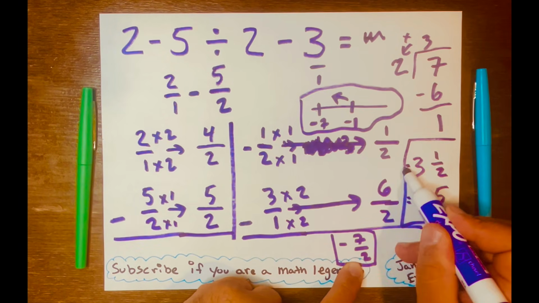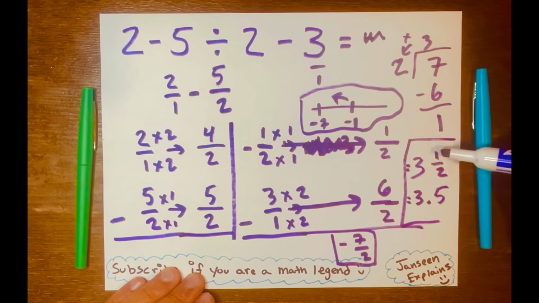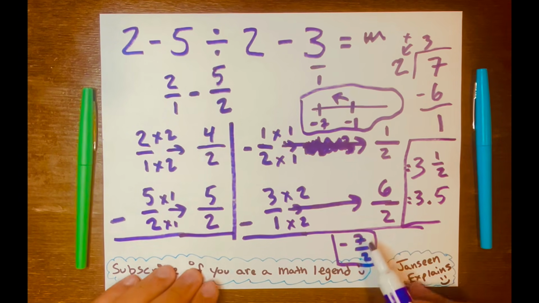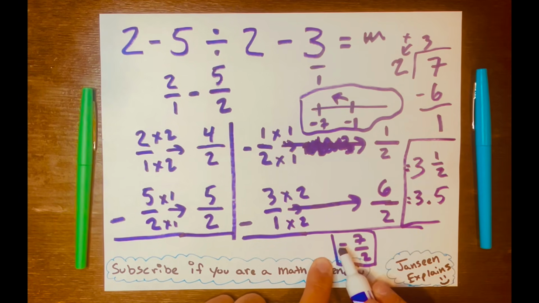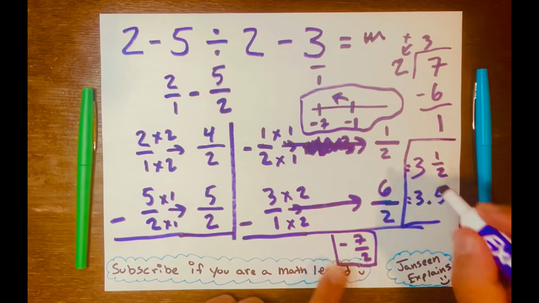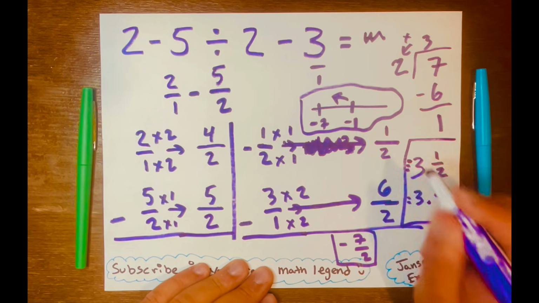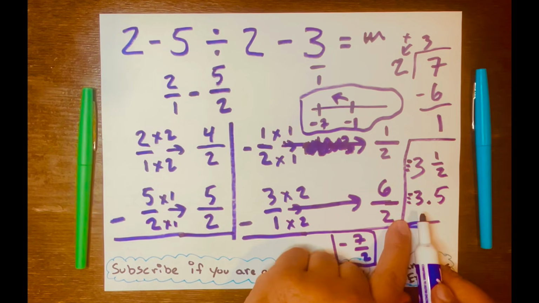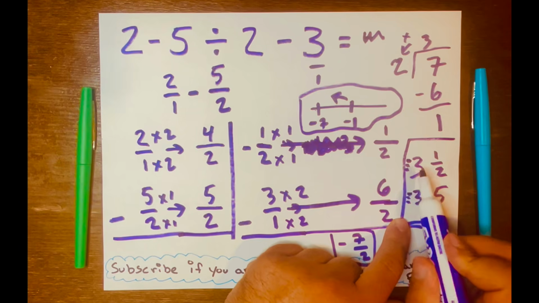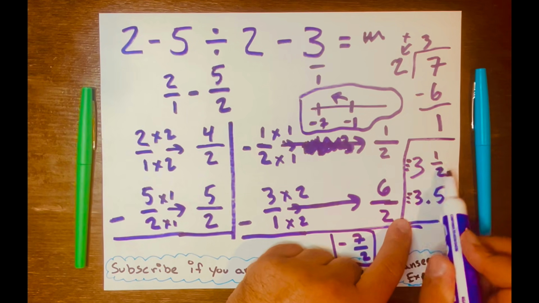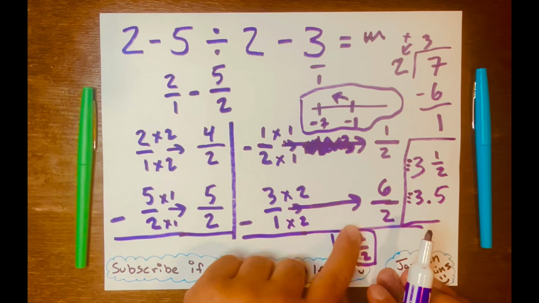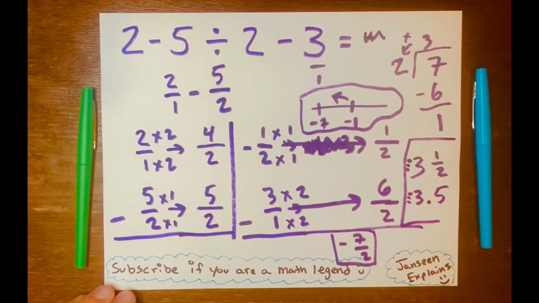So you can have it as 3 and 1 over 2, or 3.5, or you can have this improper fraction, 7 over 2. And I forgot, these are negatives as well. So it's negative 3.5, or negative 3 and 1 over 2, or negative 7 over 2. Those are your answers. And there you go.